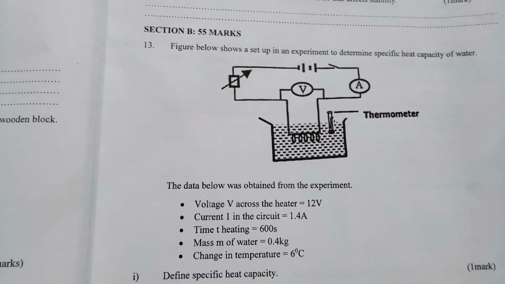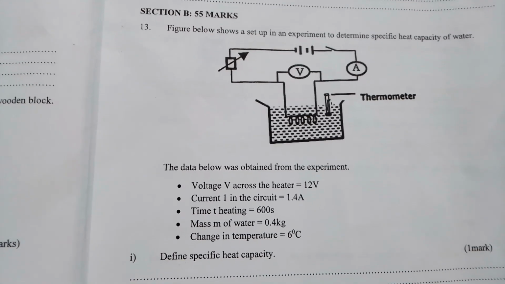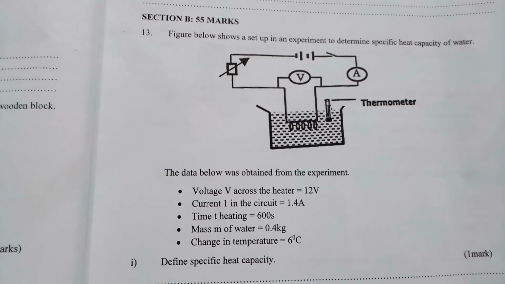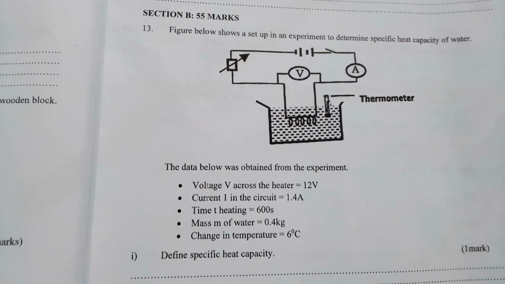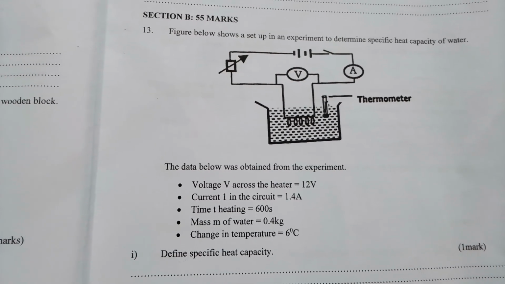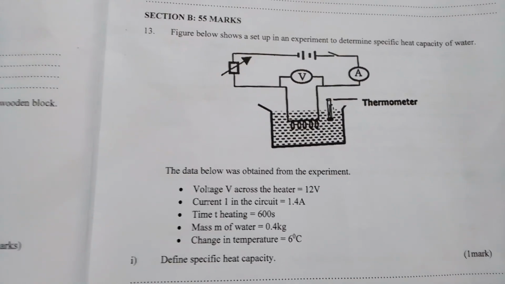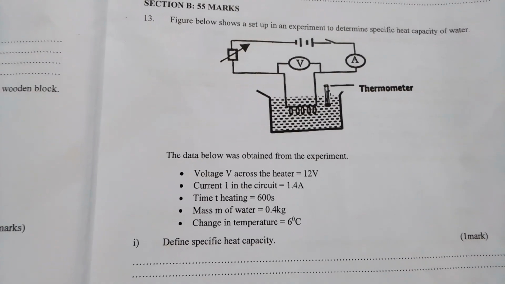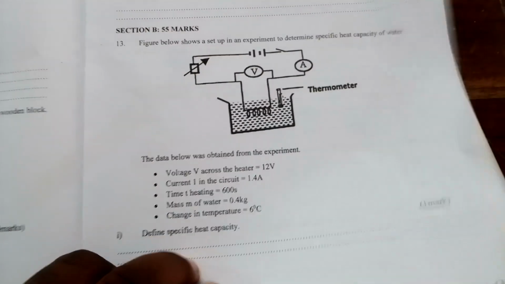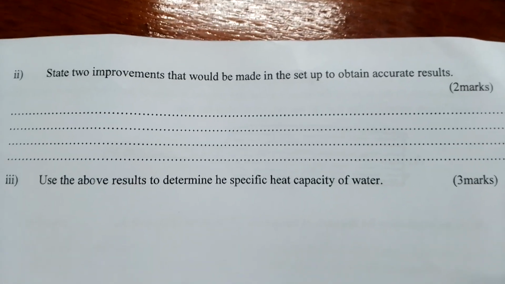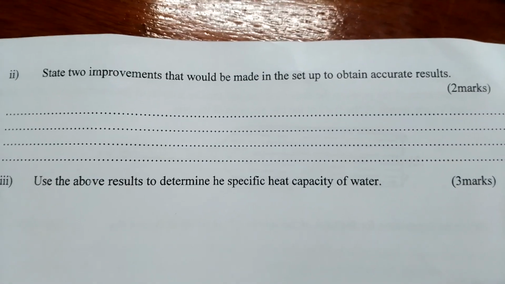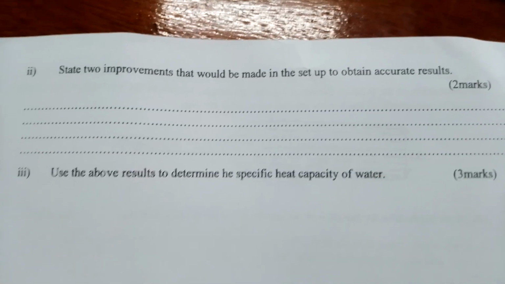The heating time t is 600 seconds, the mass of water is 0.4 kilograms, and the change in temperature is 6 degrees Celsius. Define specific heat capacity, 1 mark.